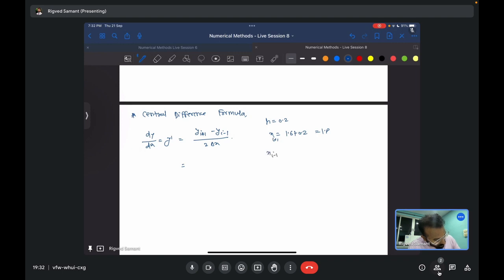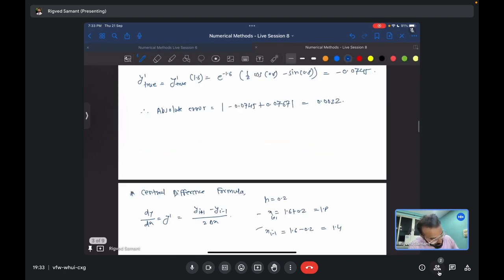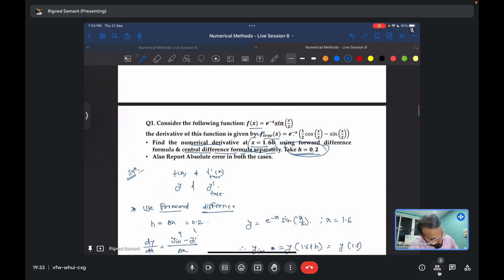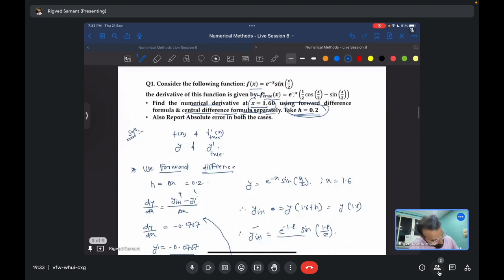X at i minus 1 is 1.6 minus 0.2, that is 1.4. So that's what you will put here. These x values you will use in this equation of y.